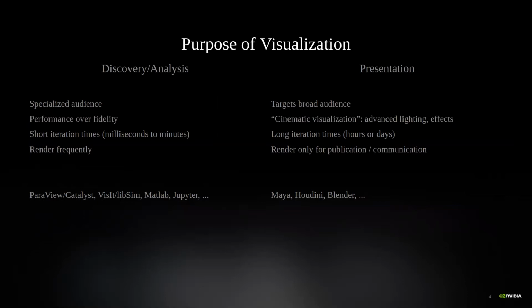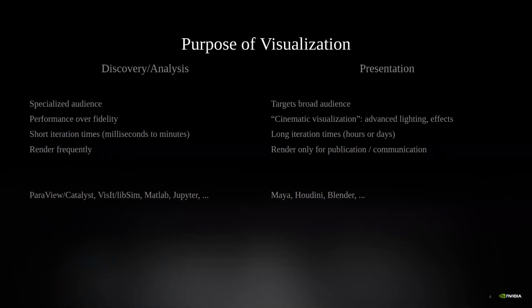It's meant to be fast, both in terms of rendering time, you don't want to sit around and wait for it, but also in terms of scientist or Viz practitioner time. You're not going to spend a huge amount of time getting this visualization perfect. It just needs to be quick enough and accurate enough to get the idea across. And this is usually handled by tools like ParaView or VisIt, or maybe even MATLAB, or maybe even just Jupyter notebooks.